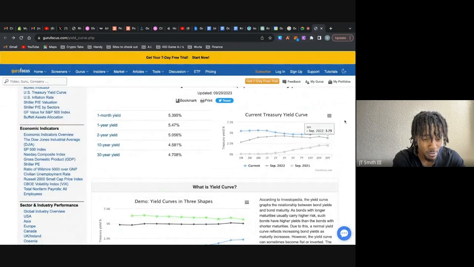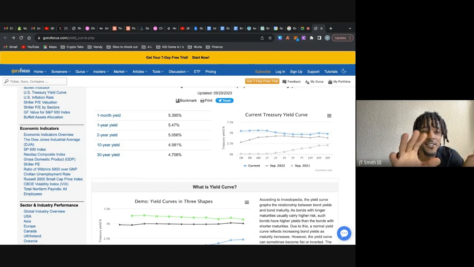And so it would depict itself on that chart. That blue line will be more flat than it is now. And so because you can now get 5% on a 2-year, even though you can also get 5% on a 30-year, investors are probably going to pile in on that 2-year, just because the term premium to own a 30-year bond is just not there. And so it doesn't make sense.